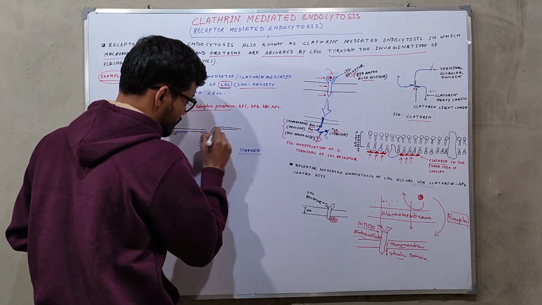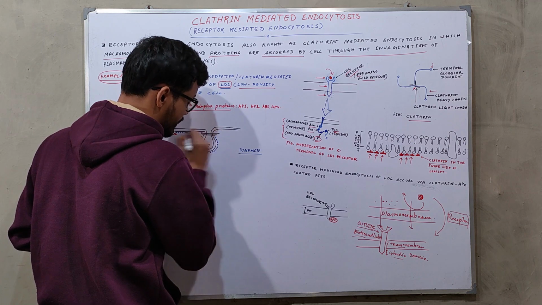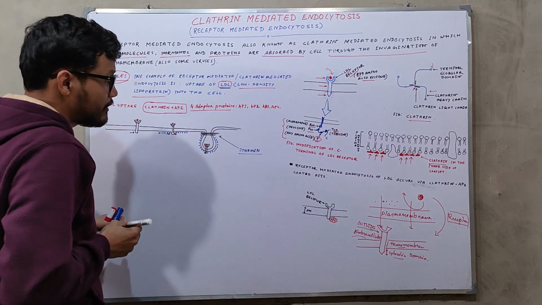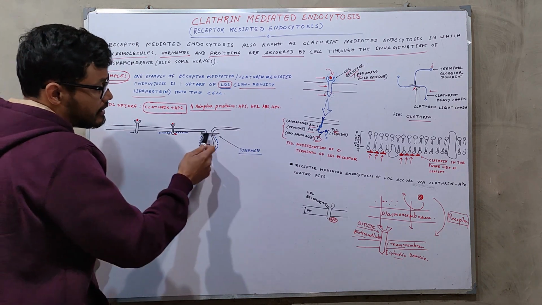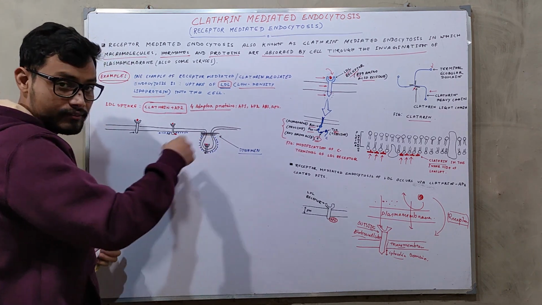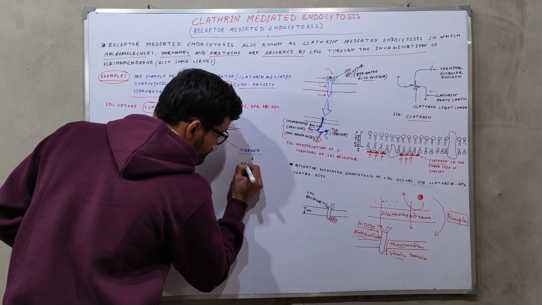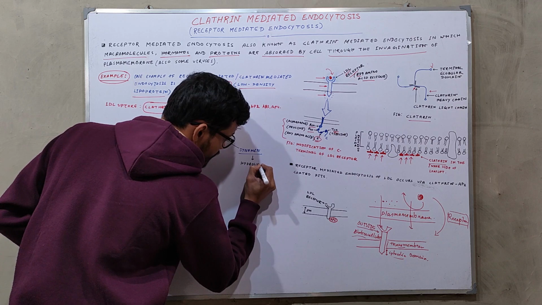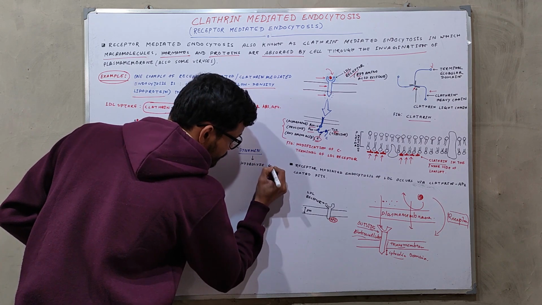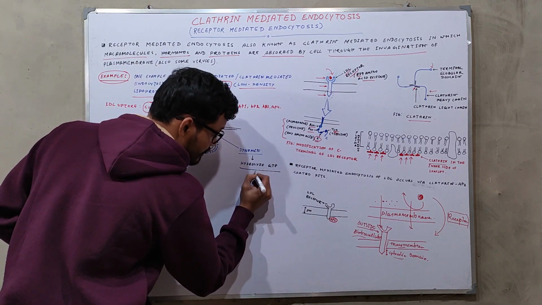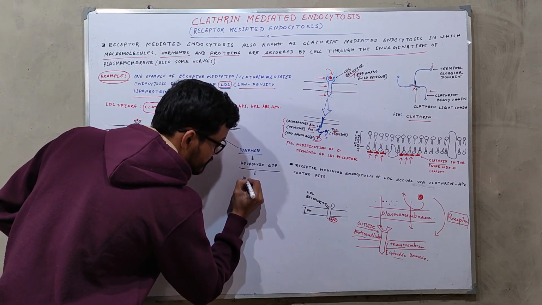So whenever dynamin accumulates in the neck region of this growing vesicle, then this dynamin hydrolyzes GTP, and by hydrolyzing GTP it produces energy.